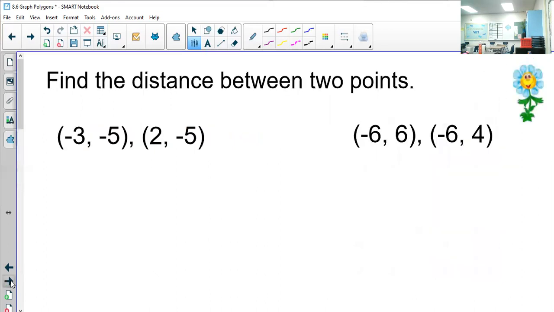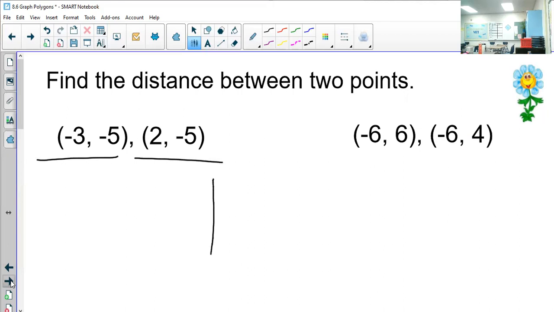The next thing that we're going to do is find the distance between 2 points. Now, finding the distance between 2 points. That means that they want us to take these two and figure out how far away they are from each other. So think about it this way.